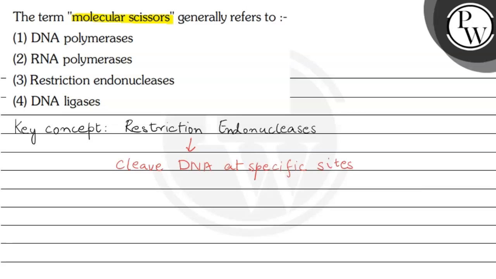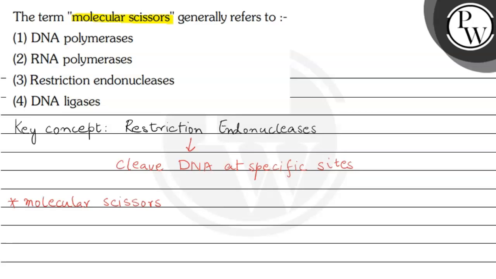So therefore restriction endonucleases are also known as molecular scissors because restriction endonucleases act like scissors that can cut the DNA into two fragments, or they can snip the DNA into two fragments.